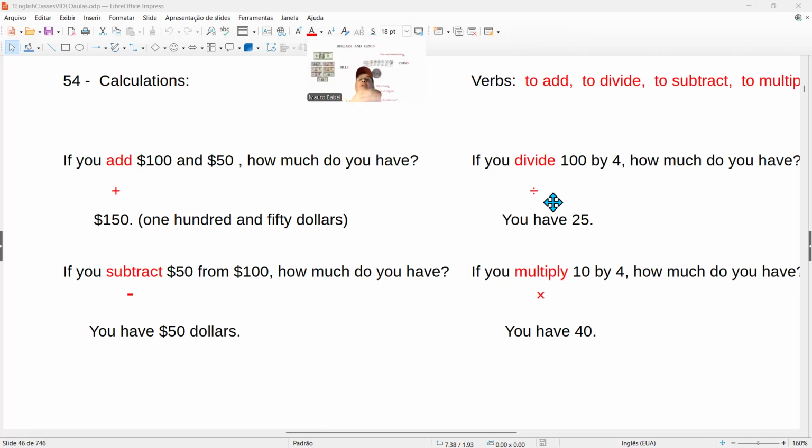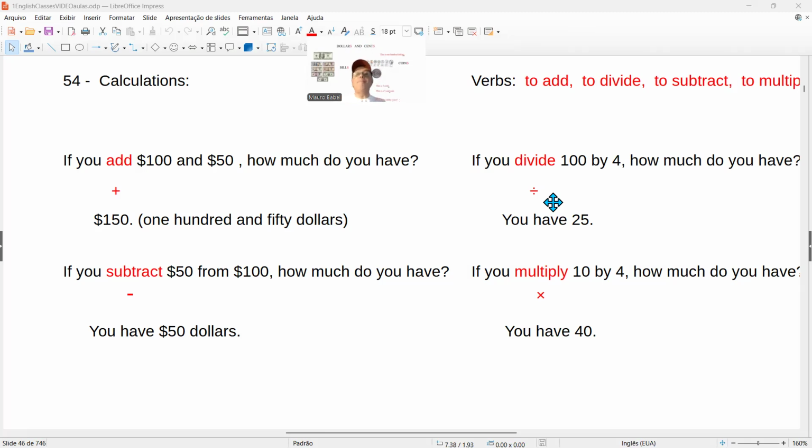Perfect. $250 times 4 is $1,000. Perfect. That's it. If you divide $6 by 3, how much do you have? Perfect. If you divide $6 by 3, you have $2.